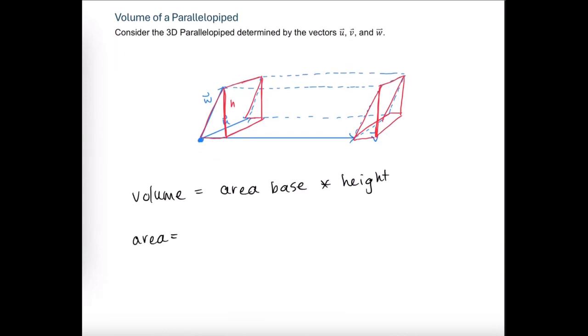As we remember, the area of a parallelogram that is created by two vectors is going to be the magnitude of their cross product, right? So we're going to say, let's look at the magnitude, and let's go v cross u in order to get the magnitude of the cross product of the two vectors that are generating the base of that parallelepiped.